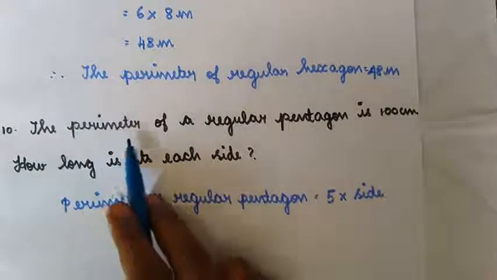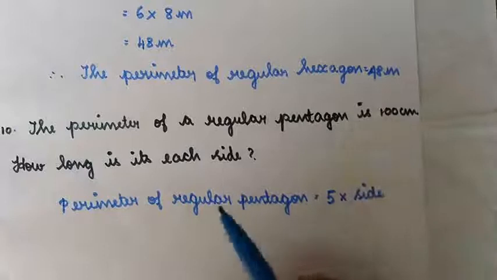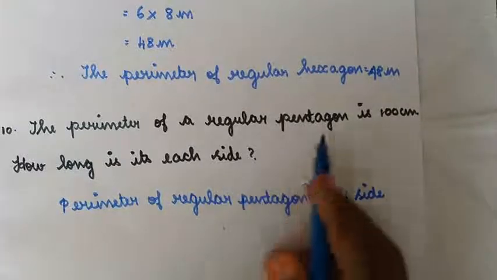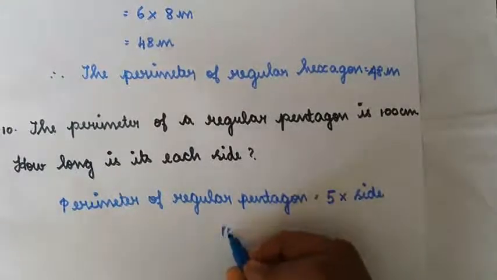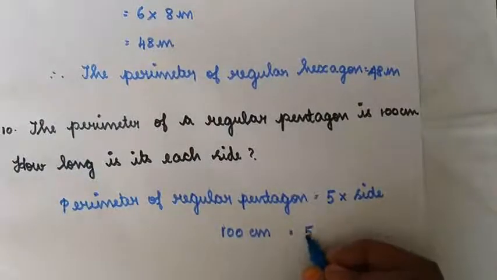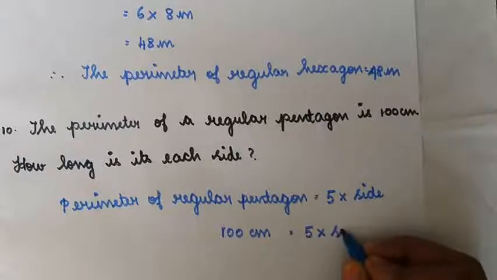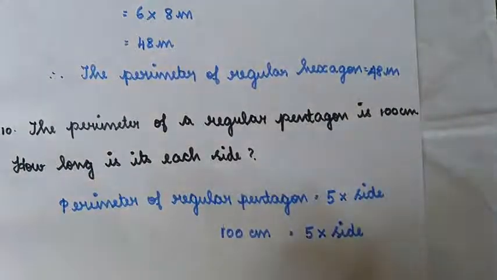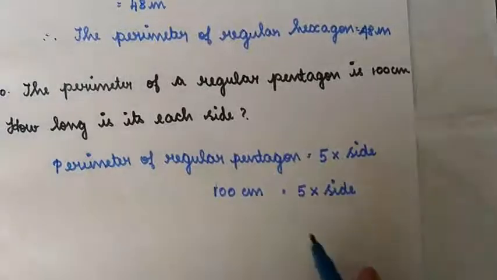So what is the given perimeter of pentagon is 100 centimeter. 100 centimeter equal to 5 into side. So here we can find the side of the pentagon, length of the one side of pentagon.